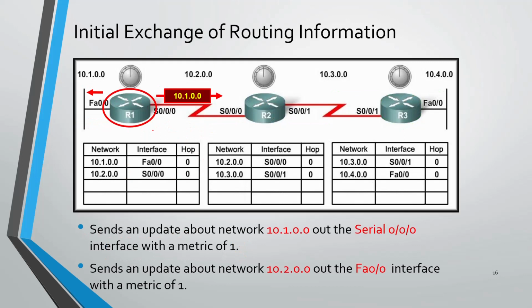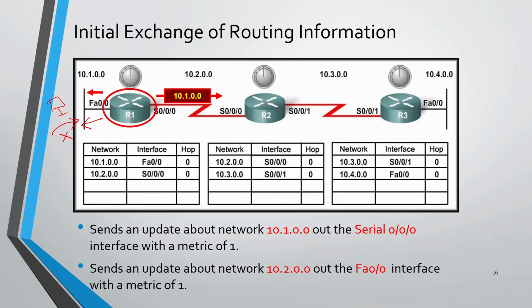If this information is shared, if you look at the left side, there will be no reply coming from the left side because there is no router connected to the FastEthernet side. Okay, so it's a LAN, the end of the LAN. There will be some end devices like PCs or servers, but they are not going to send any routing information to router R1 because they are not routers. Routers only share the routing table.